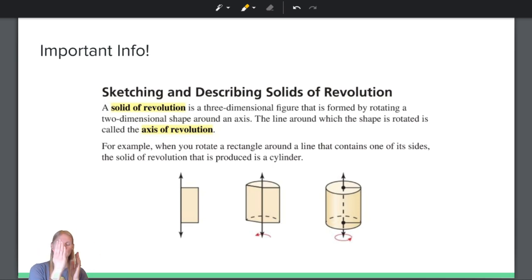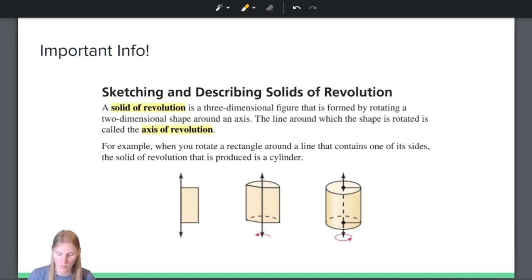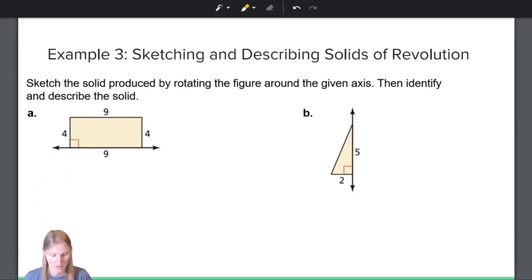So when you complete it, you have a circle on the top, because you've gone around this line. You have a circle on the top and a circle on the bottom, which is what you get over here. But you still have straight sides on the outside because the rectangle you started with had a straight side. So it has to do with the shape that you start with. What shape will you end with? So let's try some more on the next slide.